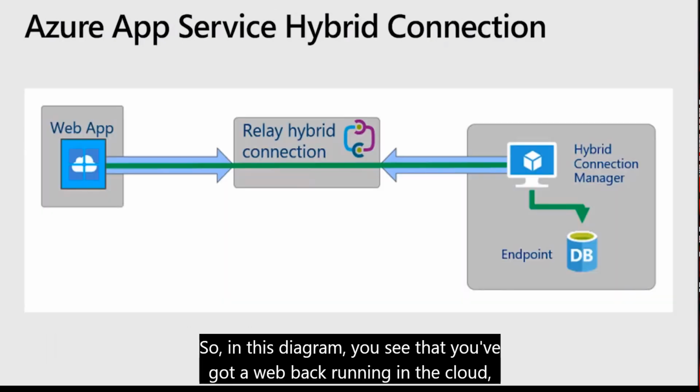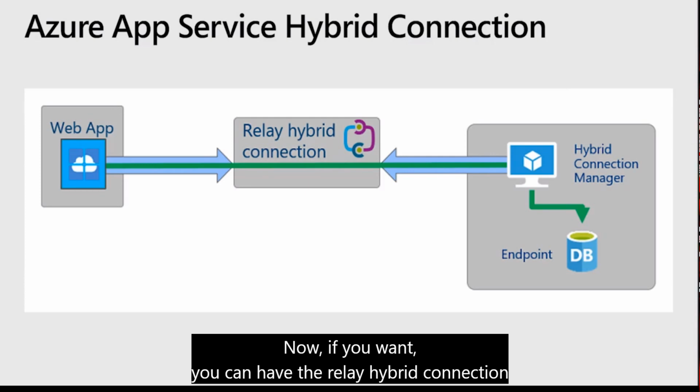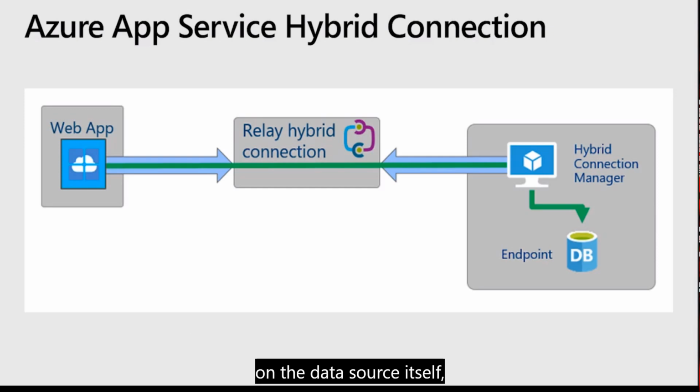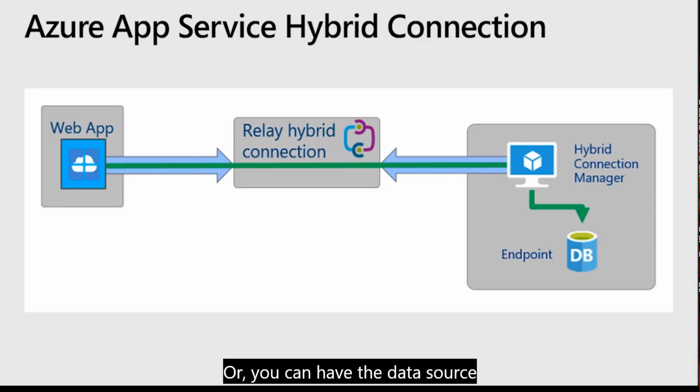So in this diagram, you can see that you've got a web app running in the cloud. You've got a system that's running on premises that's hosting the Relay hybrid connection. Now, if you want, you can have the Relay hybrid connection on the data source itself, which is what I'm going to show you in the demo, or you can have the data source on another system.